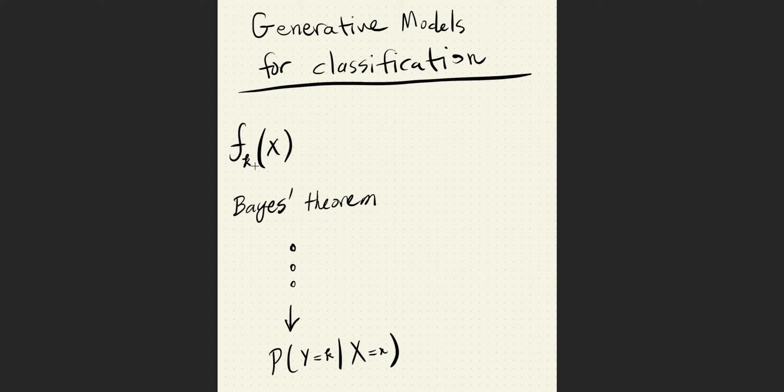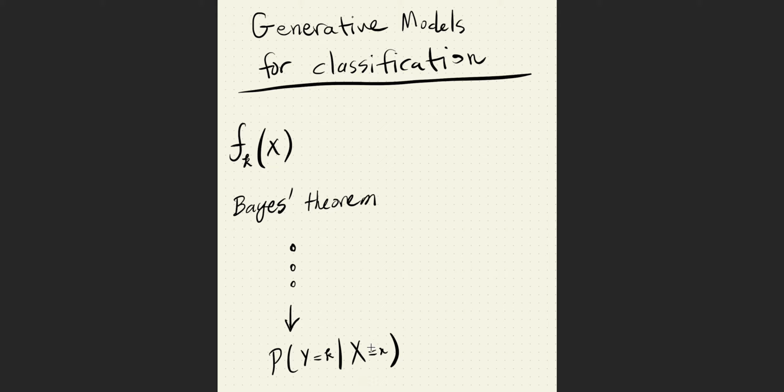So if k is 1, this distribution is going to be different from when k is 2. So again, we model the distribution of the predictors x separately in each of the response classes, essentially meaning for each value of y. Then we use Bayes' theorem to flip around these probabilities into what we call the posterior, just this conditional probability of the response given the features.